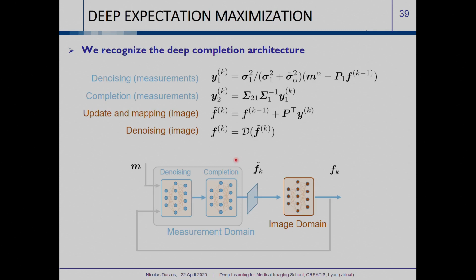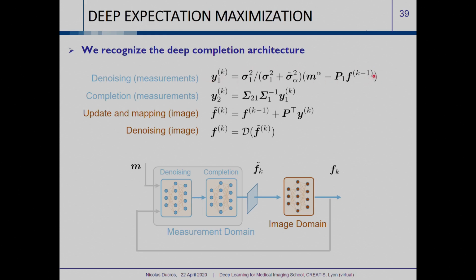If we go a little bit further into the equation, and in particular if we solve analytically the first optimization problem, which is basically a quadratic optimization problem, we will get the following steps. So let's have a look at those steps. We recognize the first two steps that are in the measurement domain, which are the denoising.